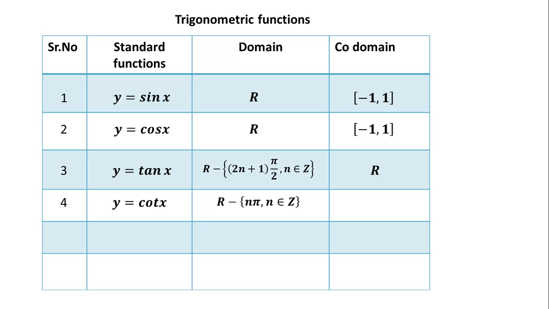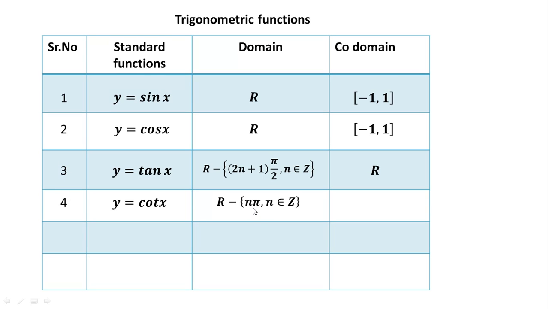Then similarly for cot x, the domain of cot x is R minus nπ, where n belongs to Z, where Z is the set of integers. Cot x means cos x upon sin x, so whenever sin x becomes 0, cot x becomes infinity. So remove all the points where the sine ratio is 0. Now the sine ratio is 0 for the angles nπ, n belongs to Z, meaning for 0 degrees, for 180 degrees, and so on.